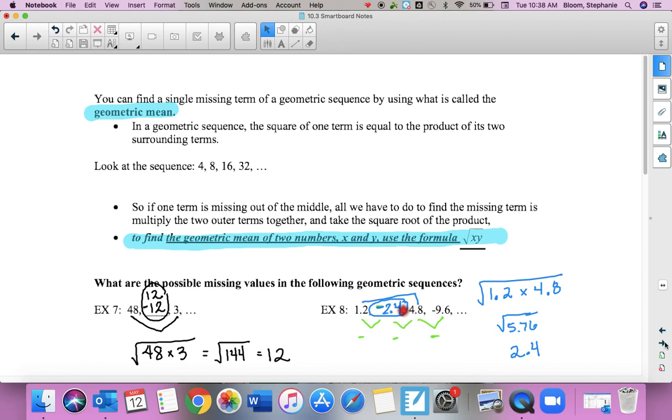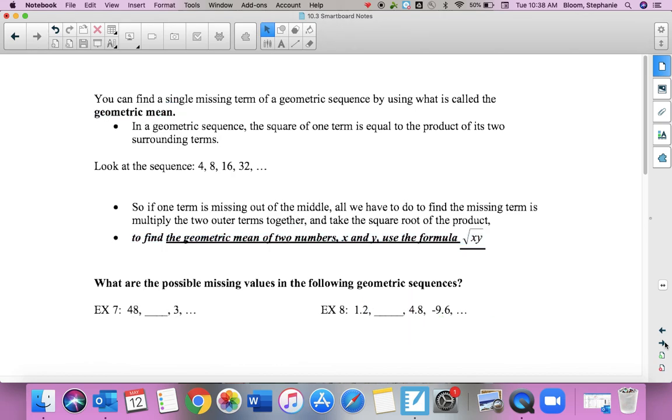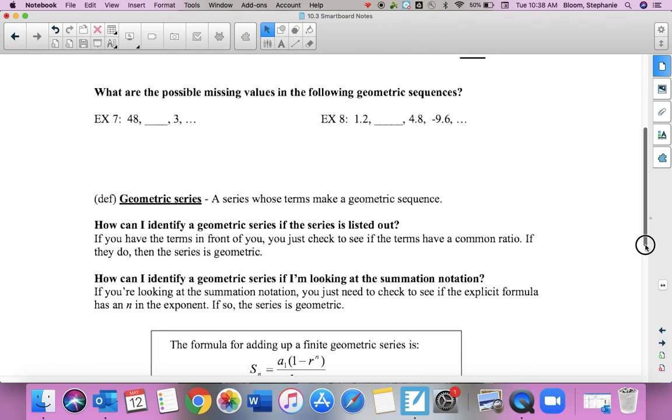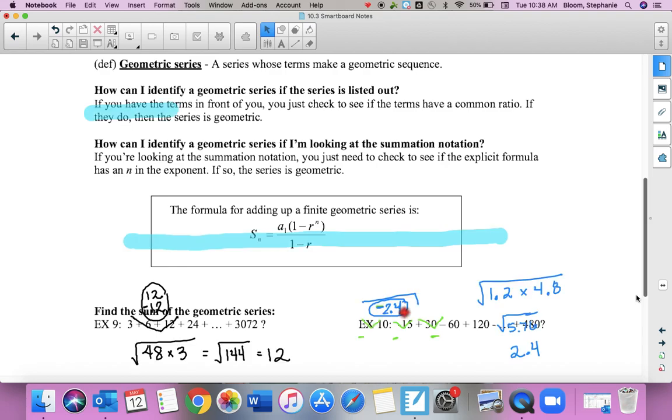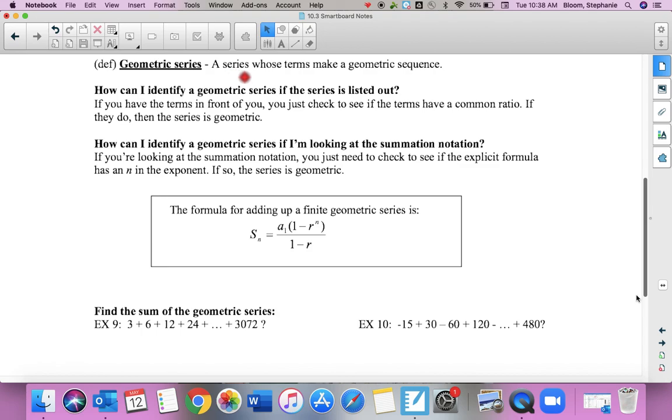All right, we've been doing explicit formulas, and now we're going to look at series. A geometric series is a series whose terms make a geometric sequence. How do you know if it's a geometric series? It has to have a common ratio. If you're looking at the summation notation, you just need to check whether the explicit formula has an n in the exponent.